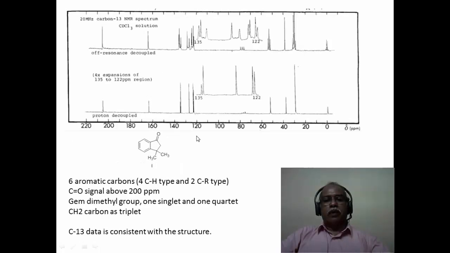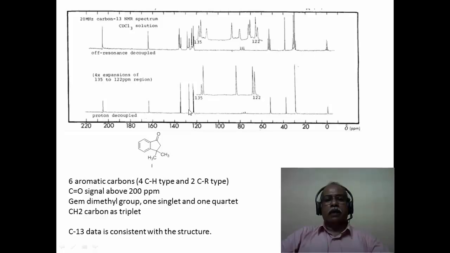Let us see if it is confirmed by the carbon-13 spectrum also. Structure 1, for example, has 4 types of CH carbons, which are these 4 unsubstituted CH carbons in the aromatic region, and 2 substituted quaternary carbons. So one should see 6 carbons in the aromatic region. What one sees is carbon number 1, 2, 3, 4, 5 and 6.